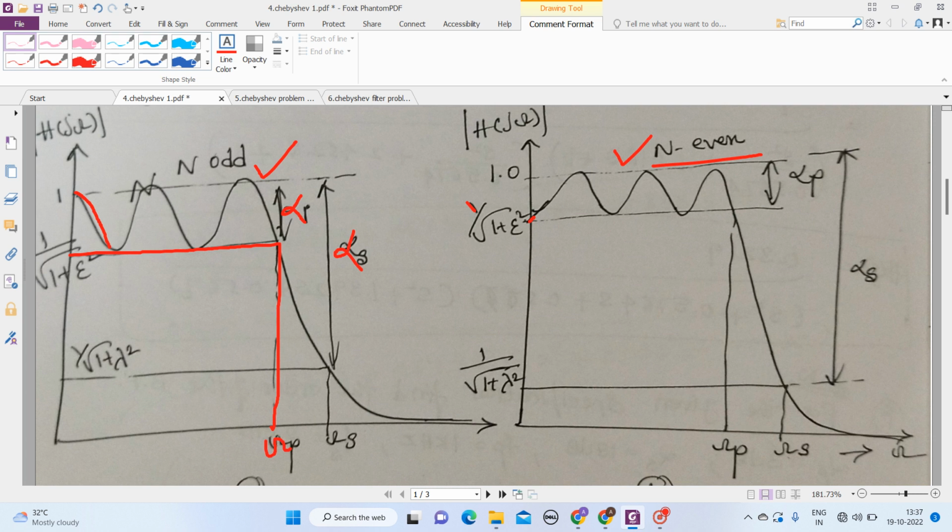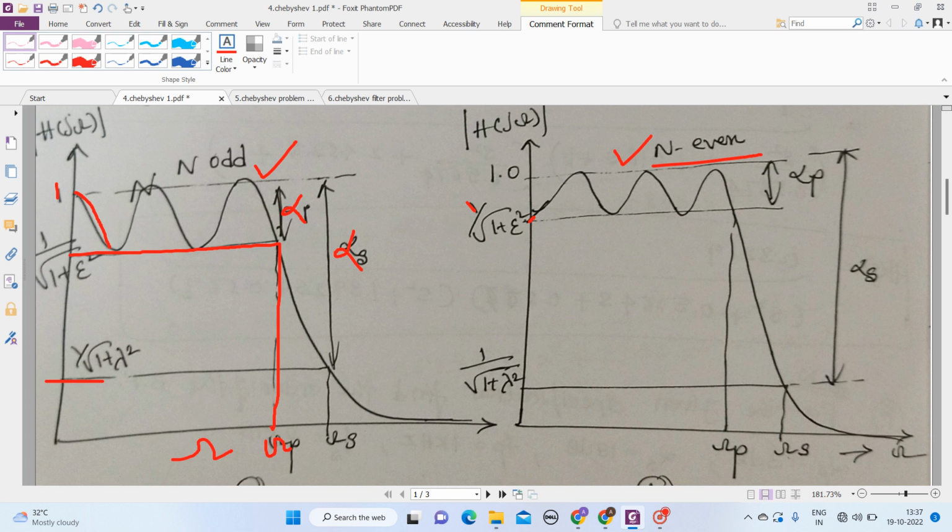This is a capital omega, since to represent analog frequency we use capital omega. The pass band attenuation lies between magnitude 1 and 1 divided by square root of 1 plus epsilon square. The stop band attenuation lies between magnitude 1 and 1 divided by square root of 1 plus lambda square.